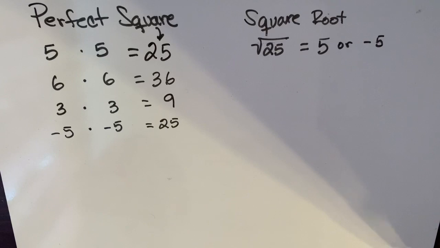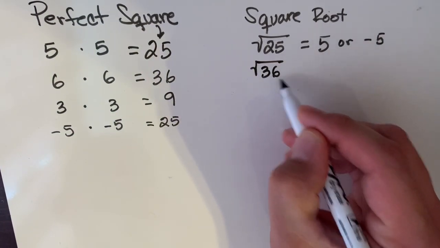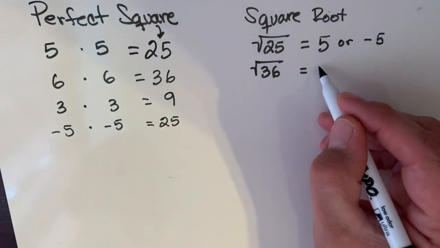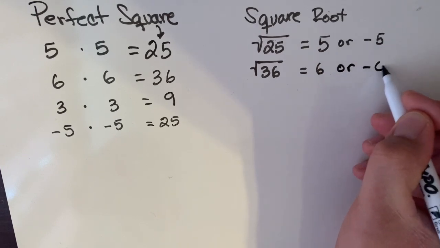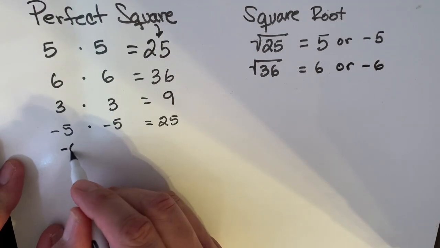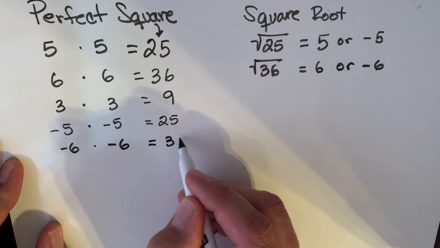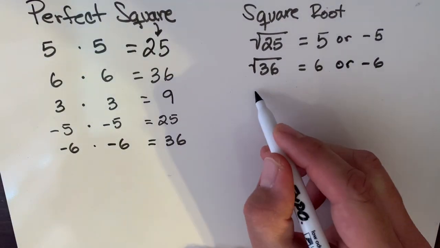Just like if I square root 36. Well, the square root of 36 is 6. But it can also be -6, because if I take -6, multiply it times itself, I'm also going to get 36. And now the square root of 9.